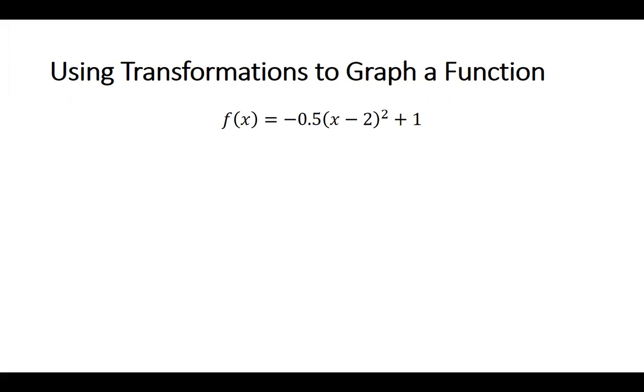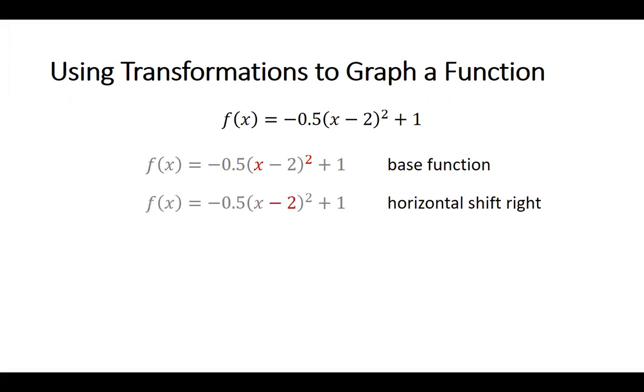So if we do this, our base function we can see is x squared. And then staying within the parentheses there, so the inputs to the function, we see x minus 2. That minus 2 tells us that we have a horizontal shift, and that's going to be to the right because we're minus 2.